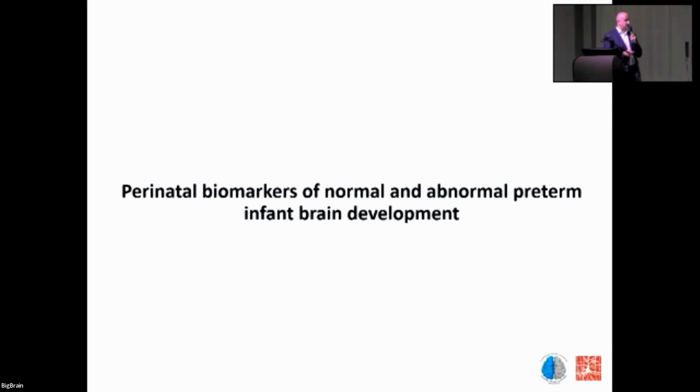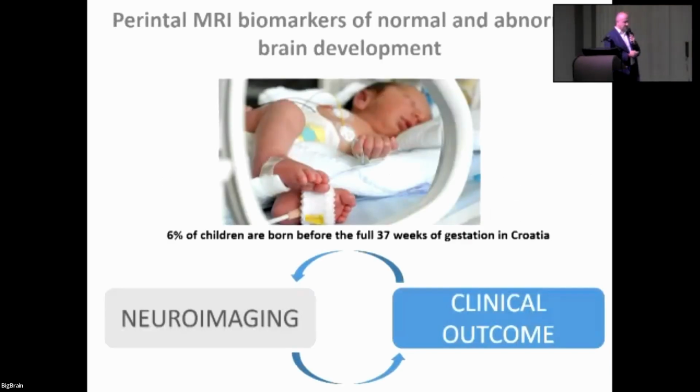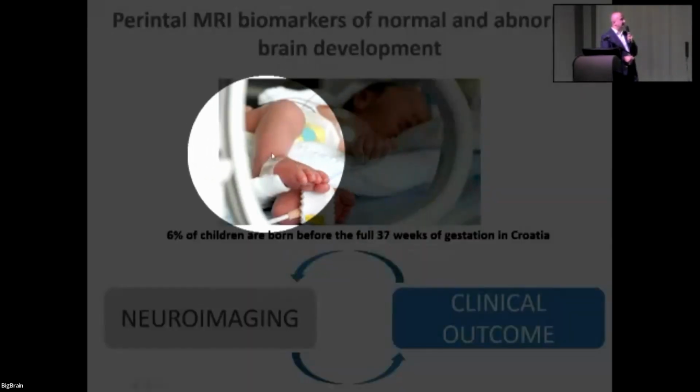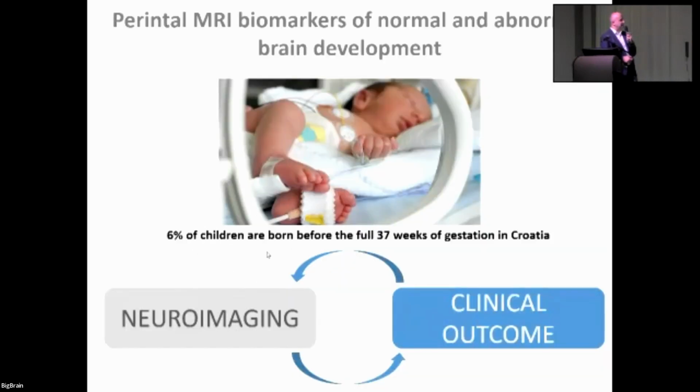So just shortly, I will say what we are doing at the moment. As I said, we are trying to combine neuroimaging with regular clinical practice, and our special focus is these premature babies. In Croatia, every year there are something like 2,000 premature babies. 6% of all births are premature, and in most countries this percentage goes from 5 to 15.